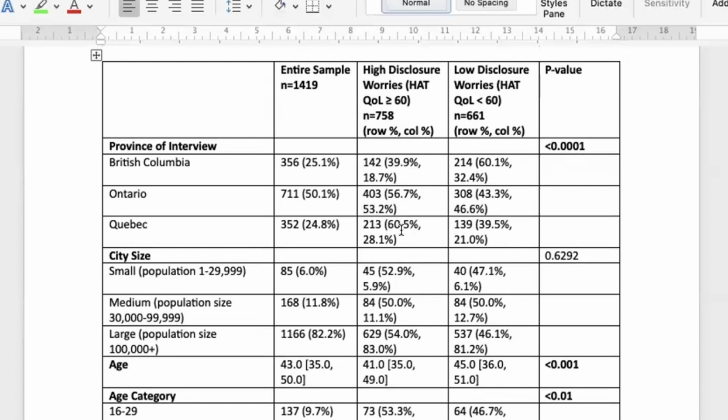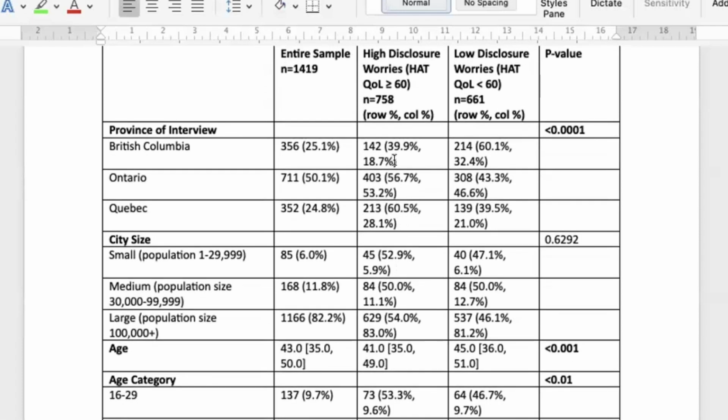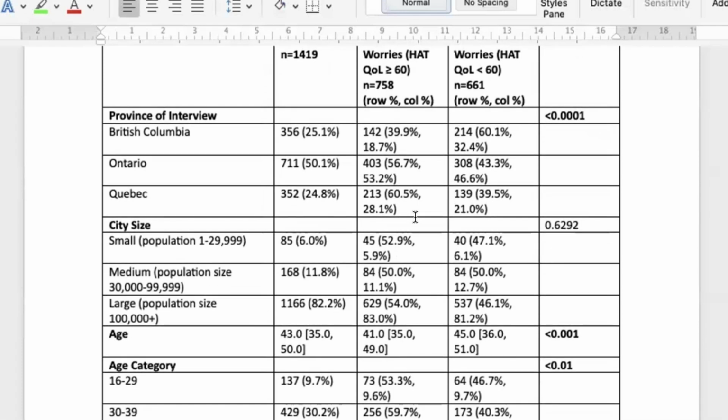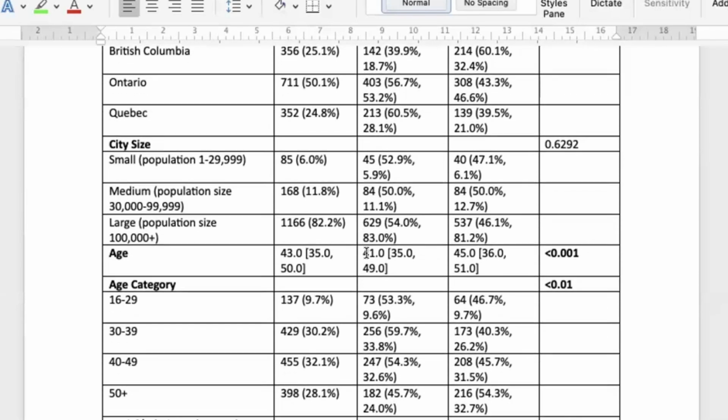So what kind of variable is this? British Columbia versus Ontario versus Quebec? Categorical variable. And what summary statistics were used? Frequency and proportions. And what comparison test? It's categorical, so it's chi-square. Yeah, okay. And then let's look at this.